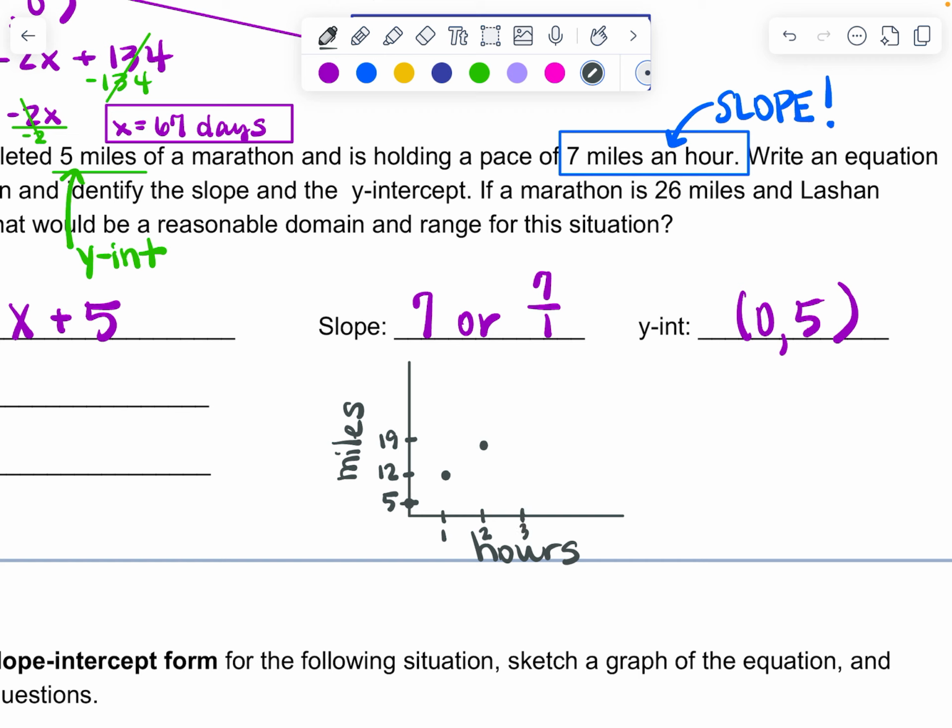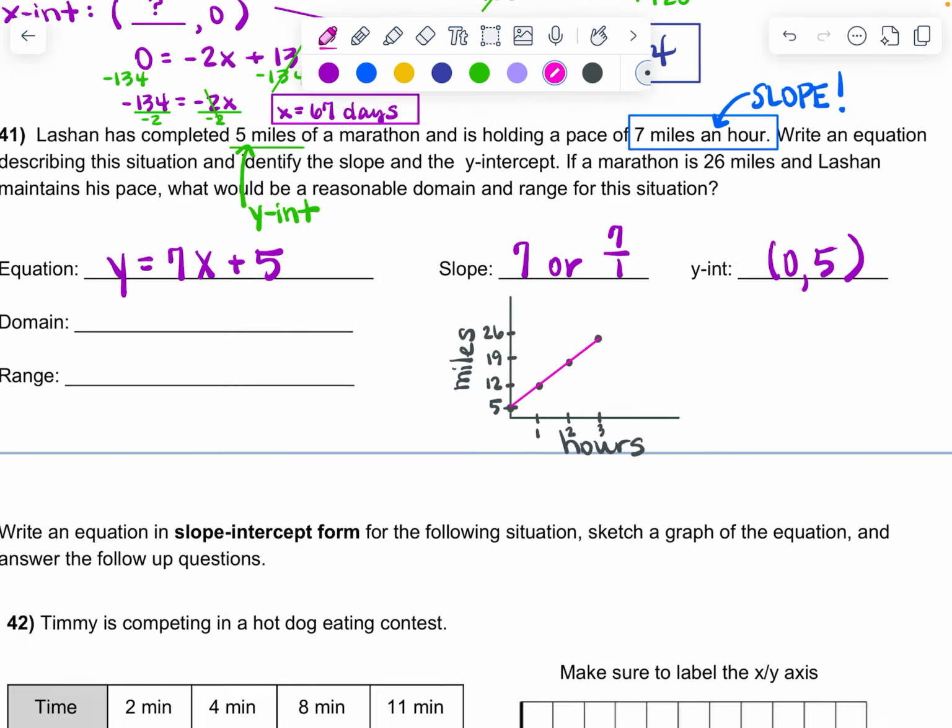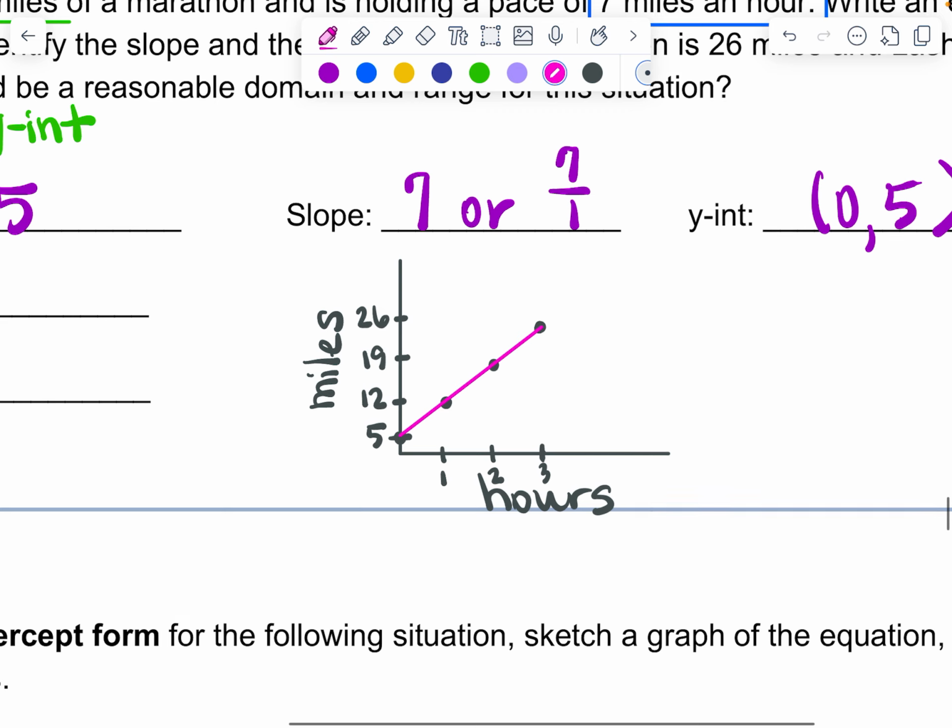And then after another hour, he's gone another 7 miles, and that would be 26. And we're going to just say that's 26. I know it's 26.2, right? But this would represent the line, right? And we would connect it because obviously you can run for fractional hours, right? So they would be dots that were connected.